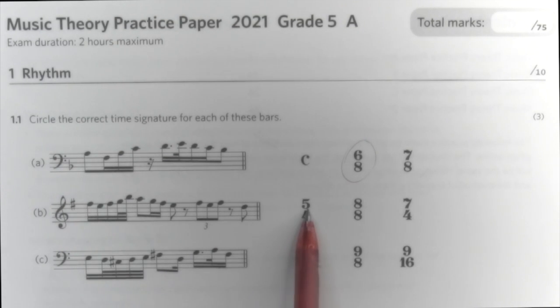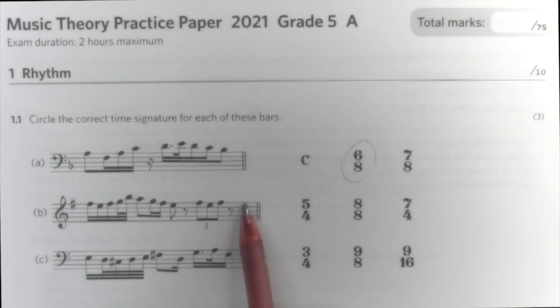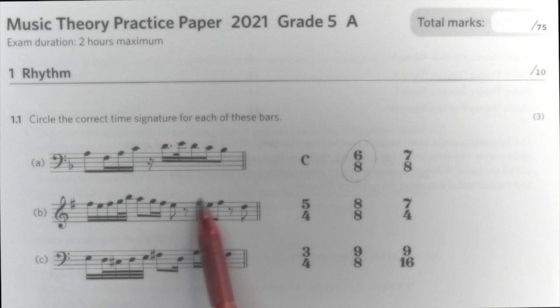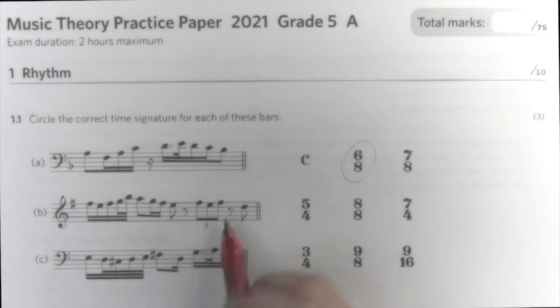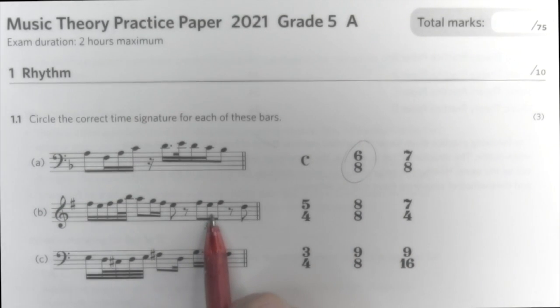So in other words, we have to answer the question as it is. Do we have 5 or 7 crotchets in this bar? Let's count it. I start from here because this is too difficult for me. 1, 2. This is a triplet, 3 in the space of 2 of the same kind.